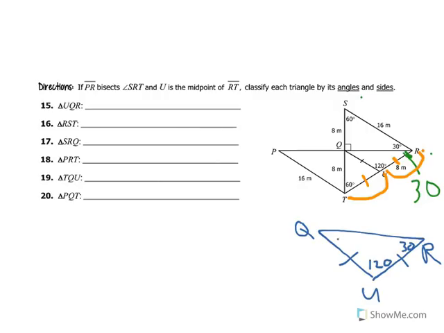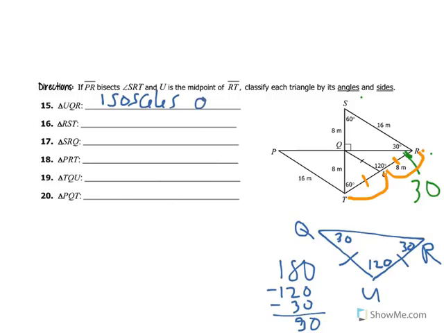We can find that one because all of the angles in a triangle have to add to 180. So this angle has to be 30 degrees also. So that is going to be an isosceles obtuse, because two sides are the same and there's an obtuse angle.